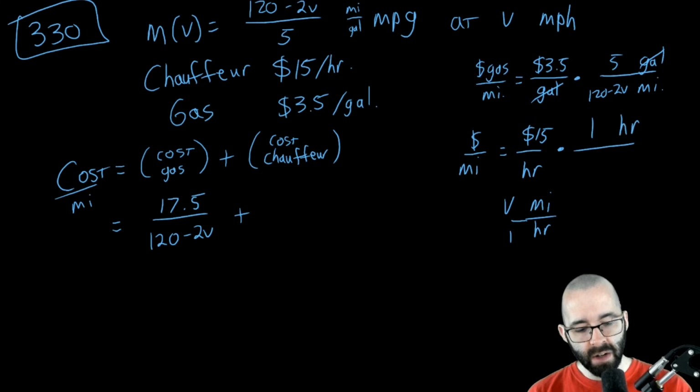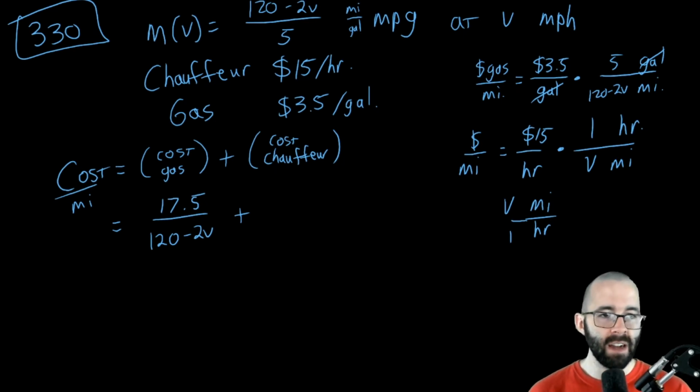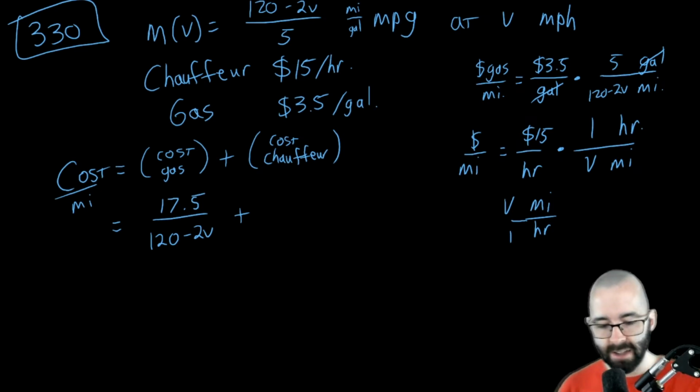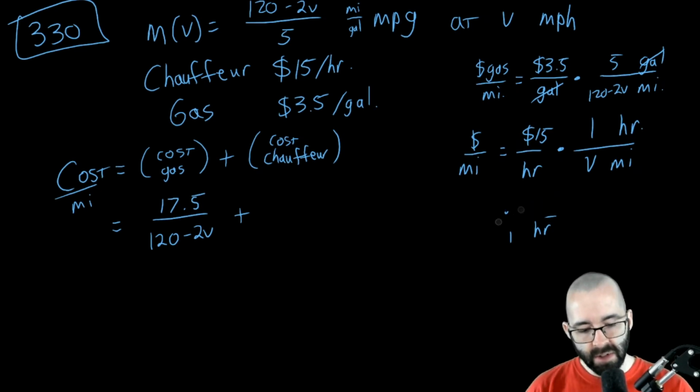So 1 hour takes V miles. V miles per hour. If you're going 60 miles an hour, how far do you go in 1 hour? 60 miles. V would be that 60 in that case.